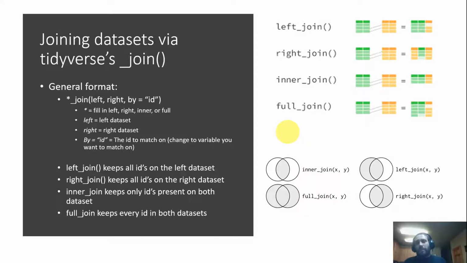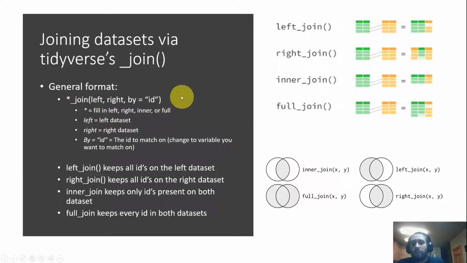This join function kind of says, hey, do you care most about the left data set or the right data set? Or maybe you only want the ones that merge within both of the data sets, or you want all the values regardless of which data set they're in. And that's what this join function is doing.